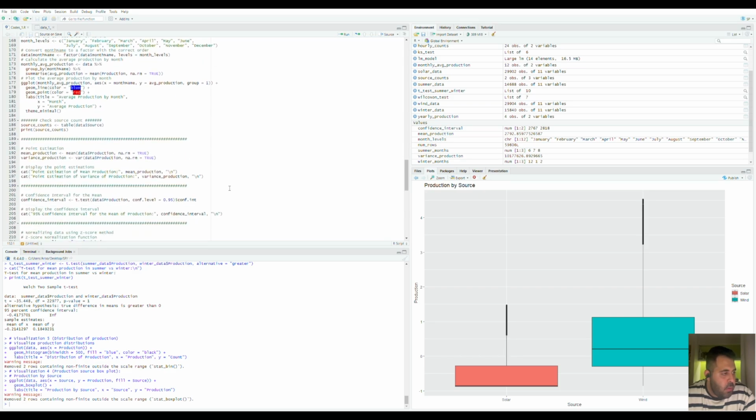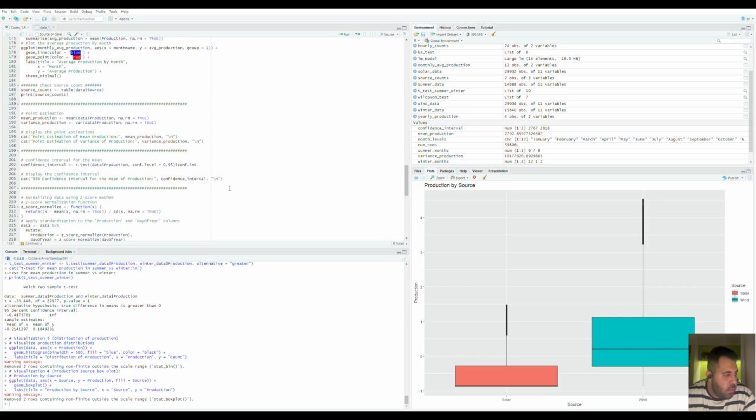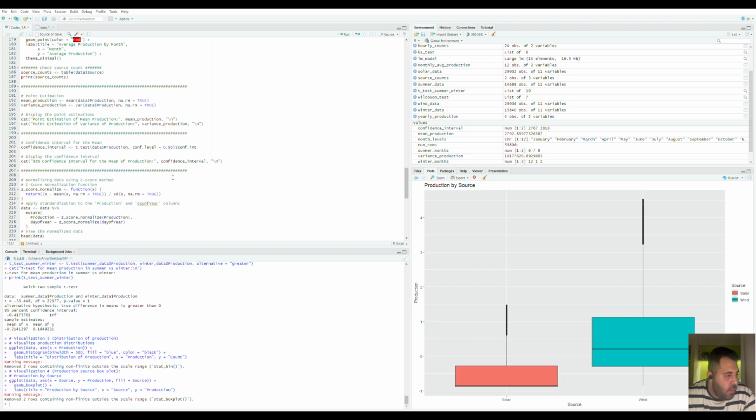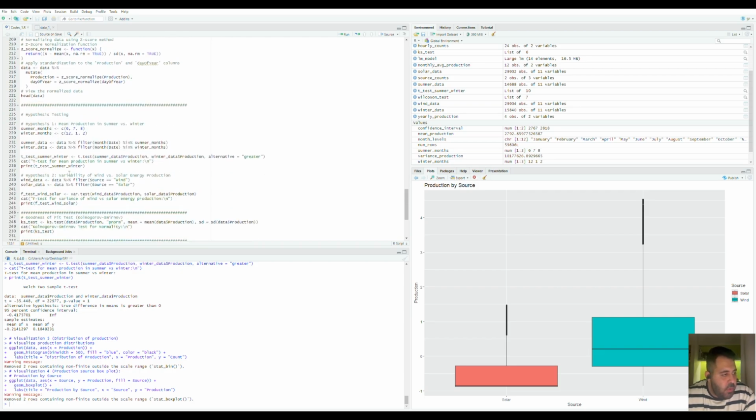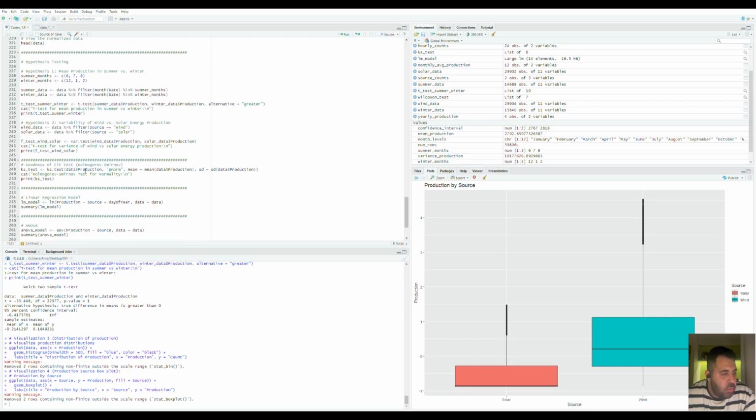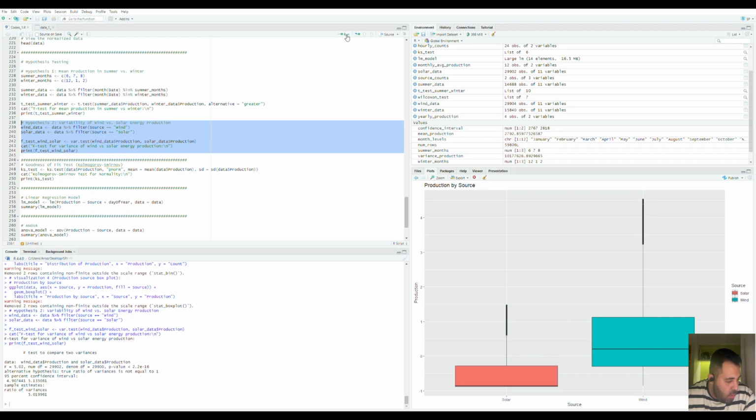So as we go down, let me again find the hypothesis. Yeah, here. So let's cover up the hypothesis number 2. Let's run this, and let me highlight here as well. Yeah, this is hypothesis number 2.